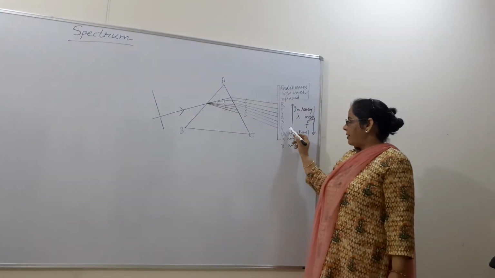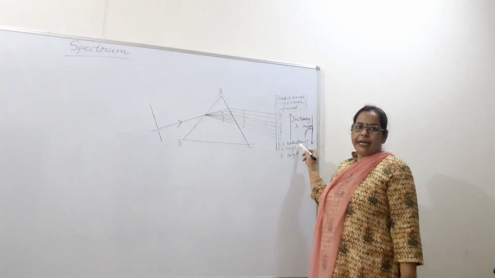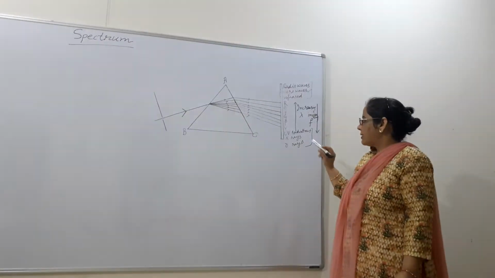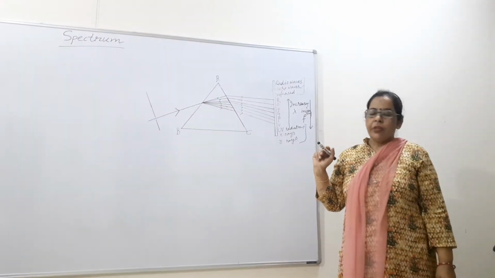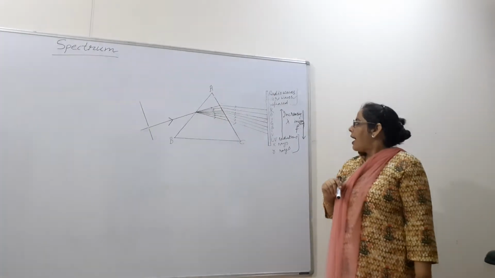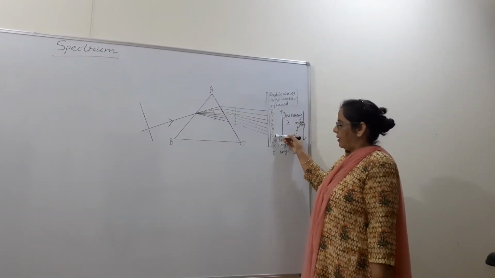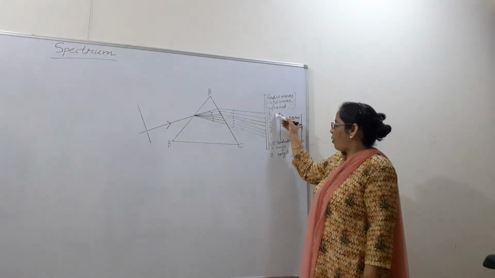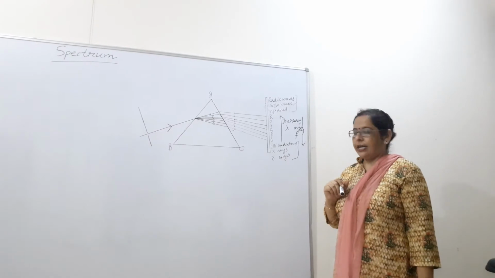Then after that, below the violet color come UV radiations, ultraviolet radiations. And beta, this spectrum was discovered by Professor J. Ritter. What he did was take a silver chloride solution, and as he moved it from red to violet color, he noticed that there was no change in its color.